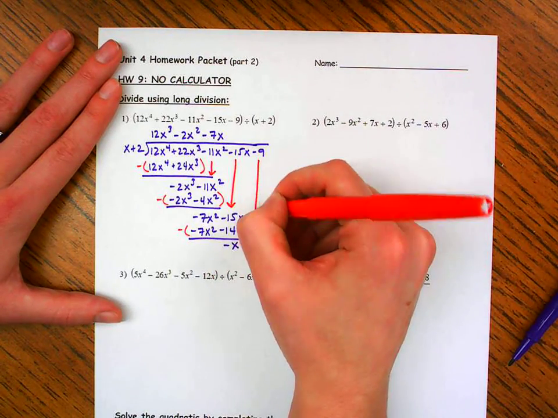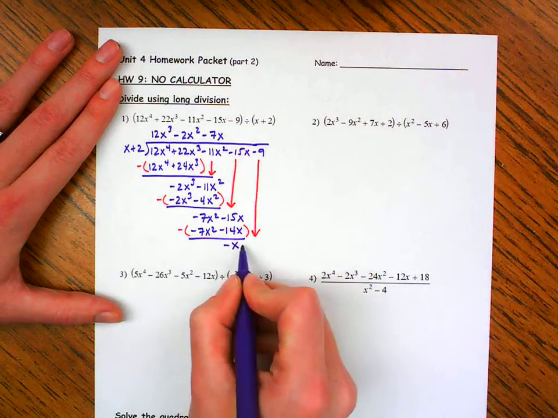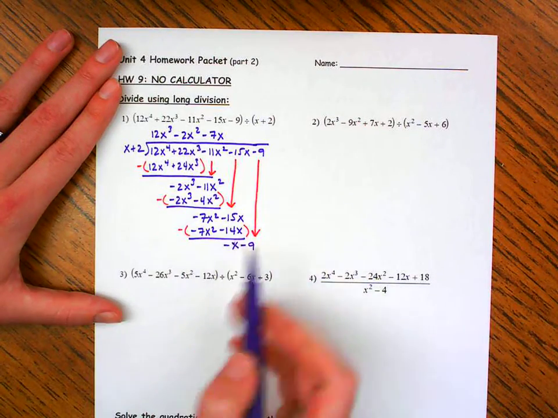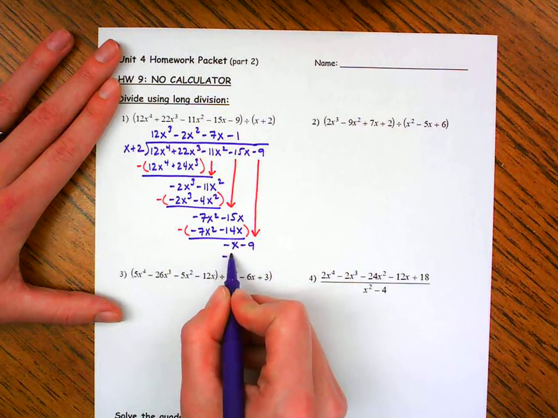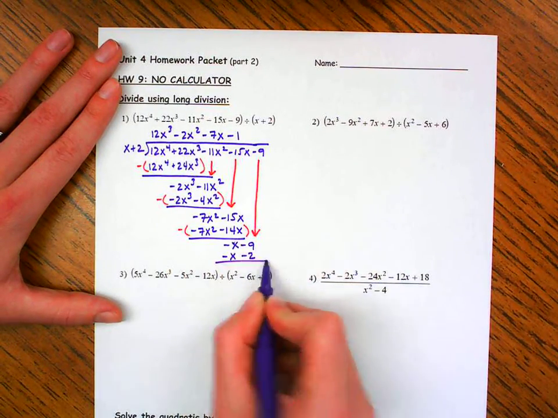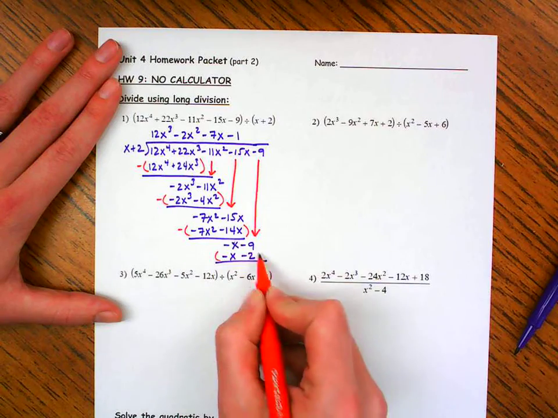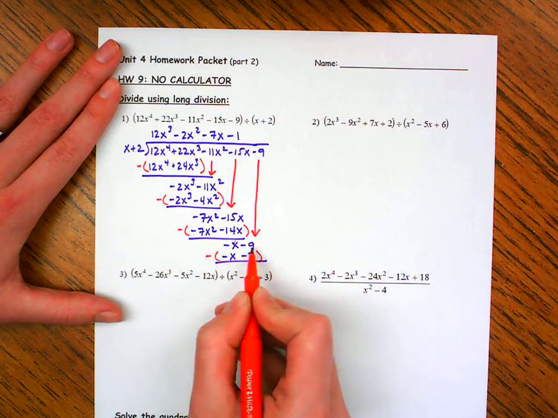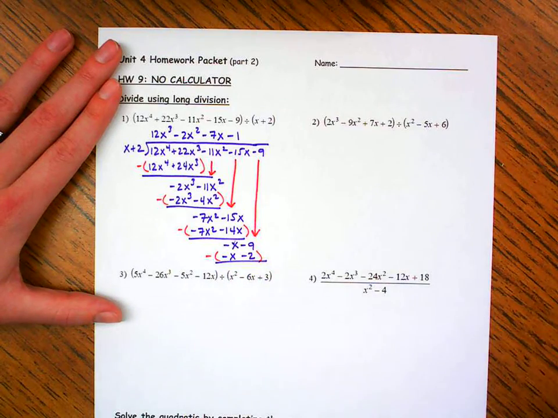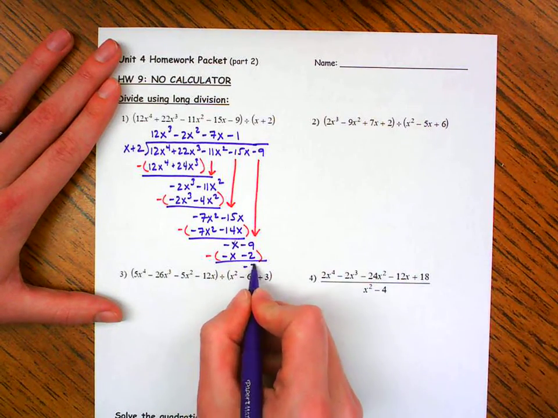Drop my last term. Again, leading into leading, so x goes into negative x negative 1 times. When I multiply that out, I'm going to get a negative x minus 2. And when I subtract these, I'm going to end up with a remainder. So remember, these will become 0. I've got negative 9 plus 2, because I'm subtracting a negative. I'm left with a negative 7 left over.